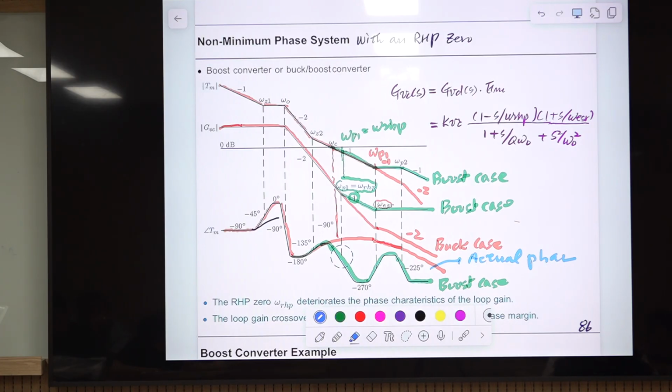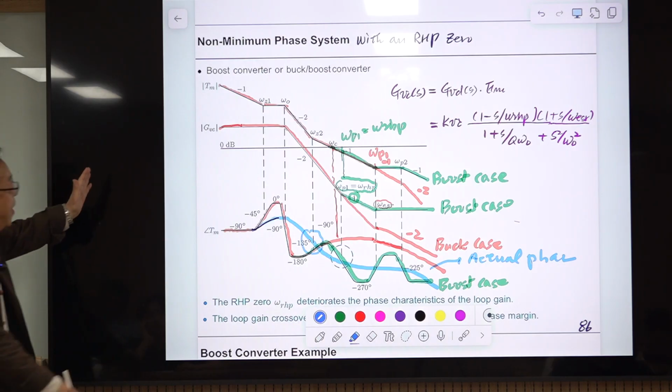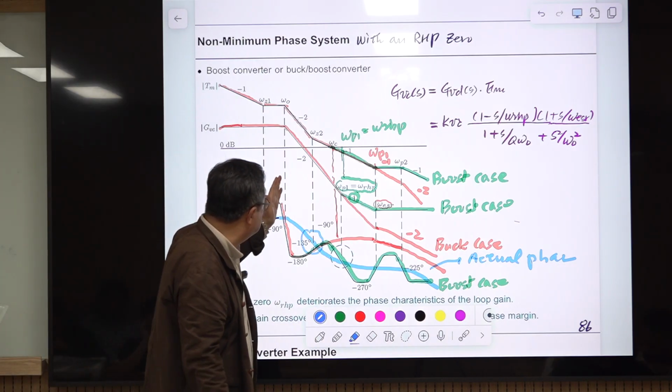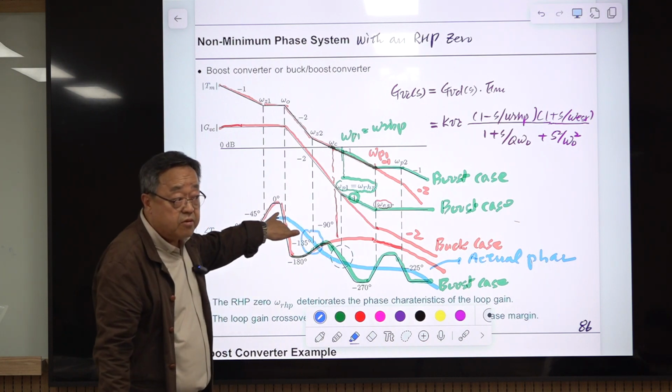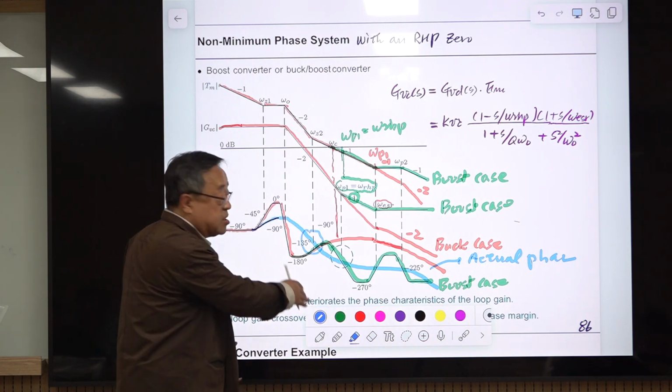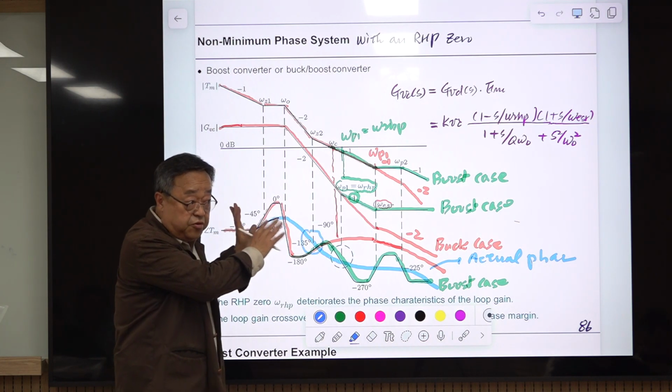It goes down. So the phase becomes very bad at this frequency. So to have some phase margin, the crossover frequency should occur somewhere here. You understand this? Okay, it looks complicated, but if you follow this, you can understand it.